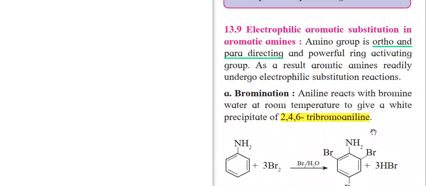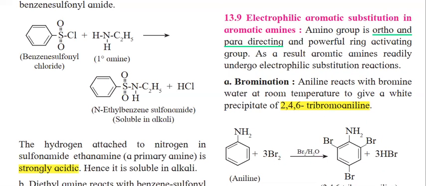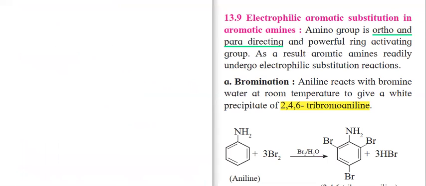Now we will see some electrophilic aromatic substitution in aromatic amines. As we have seen, aromatic amines possess the aromatic ring, and there will be electrophilic substitution, which means the electrophile will come and directly attach to our aromatic ring.